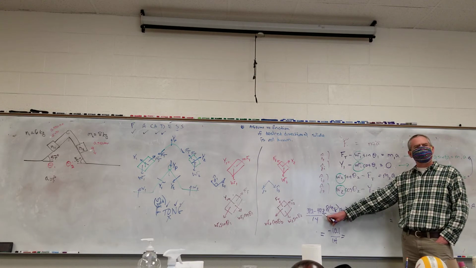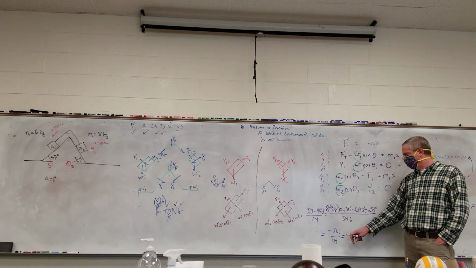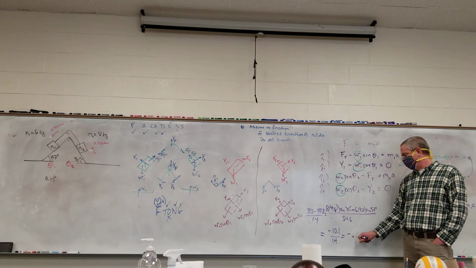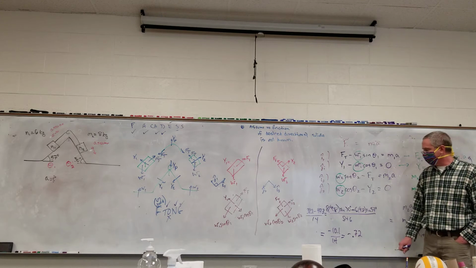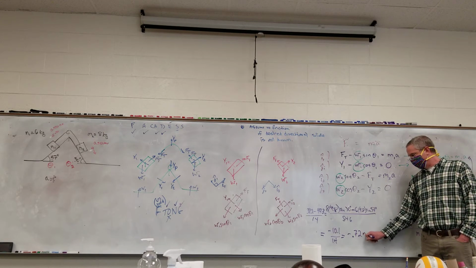You got two people with that? Okay. All right, and so it's roughly 5/7, so somewhere around negative 0.72 meters per second squared.